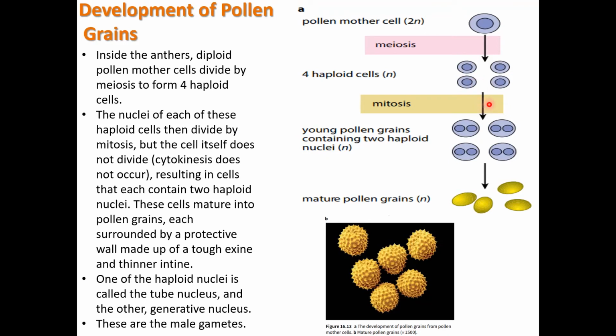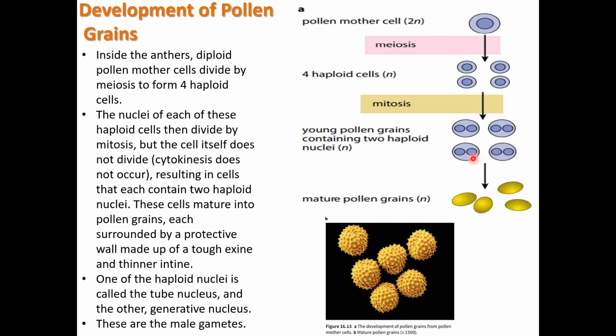The cell itself does not undergo cytokinesis, but the nucleus divides. The nuclei of each haploid cell divide by mitosis, but the cell does not divide. It means cytokinesis is not taking place. So each cell would have haploid nuclei, right?